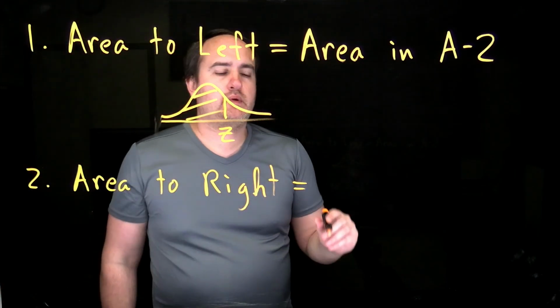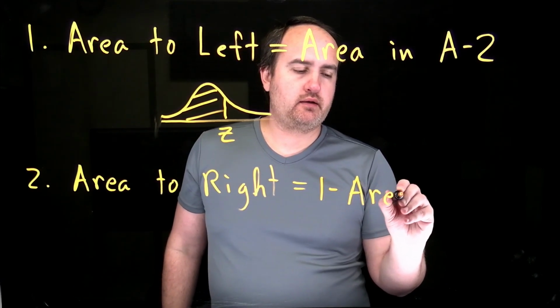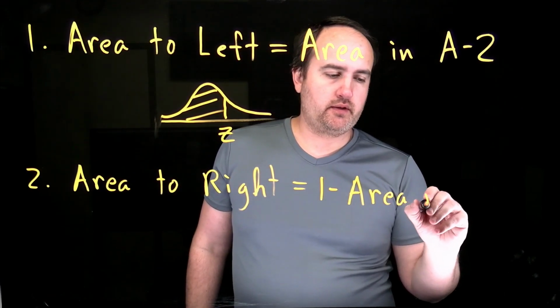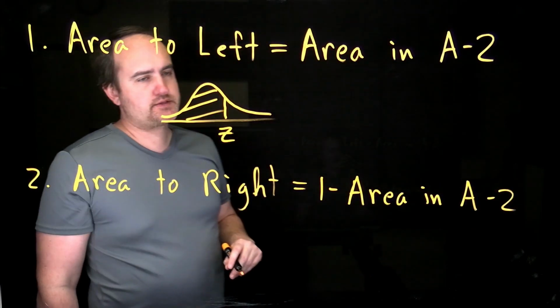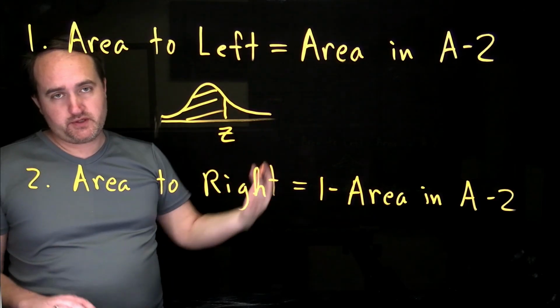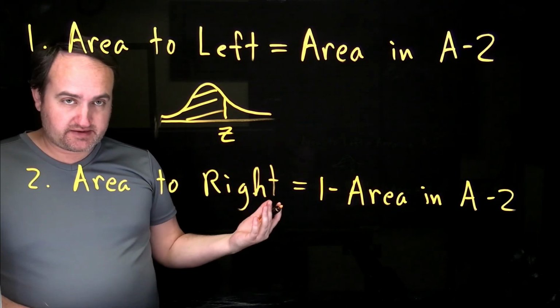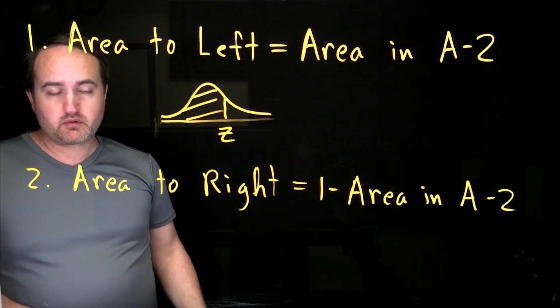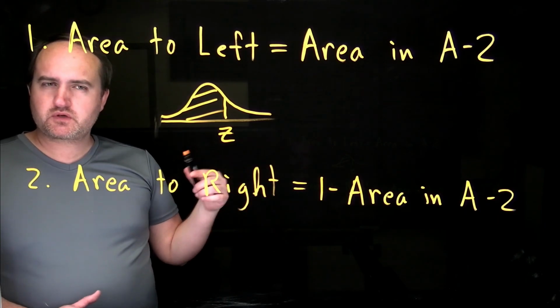So the area to the right is going to be 1 minus the area that we look up the same way we did before in table A2. Remember, A2 is the name for the table we're going to be using. Then there's one more case after this, which is the area in the middle. But let's return to the example.